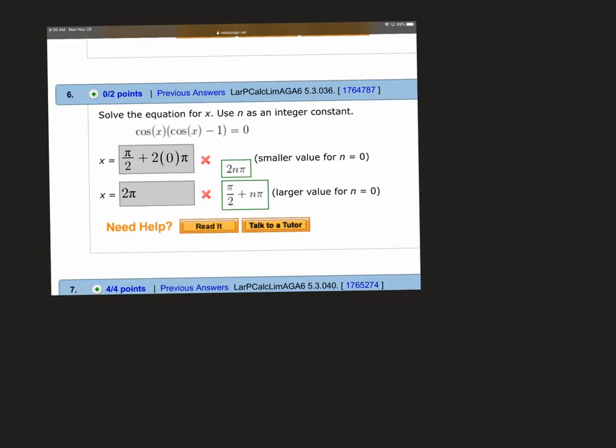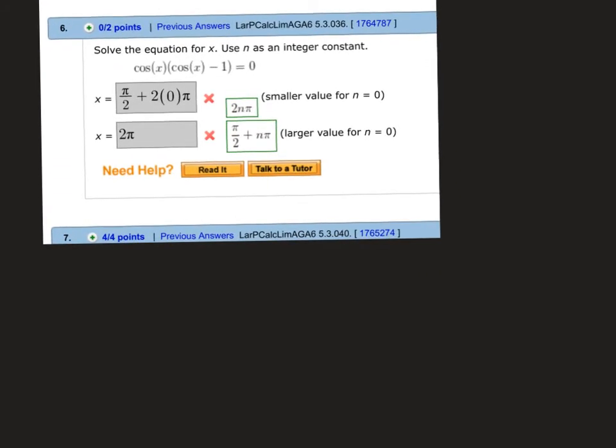6 says cosine times cosine x minus 1 equals 0. So I would get cosine of x equals 0 and cosine of x minus 1 equals 0. So cosine of x equals 1. It doesn't give you an interval, so it's everywhere plus 2n pi. Cosine of x is 0 at, nope, sorry, this would be your pi over 2.